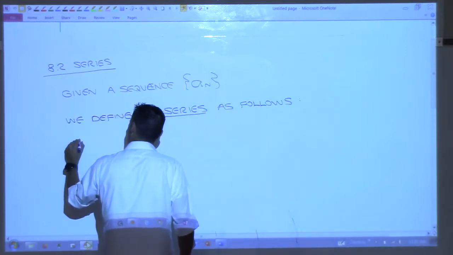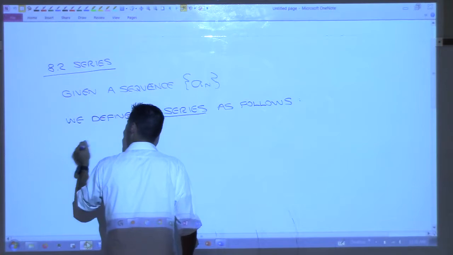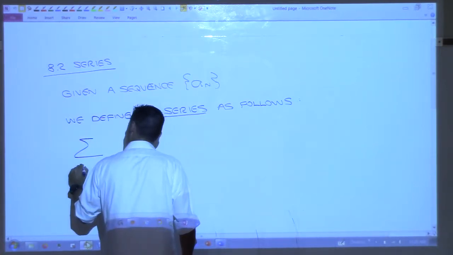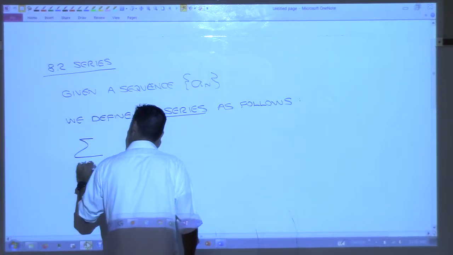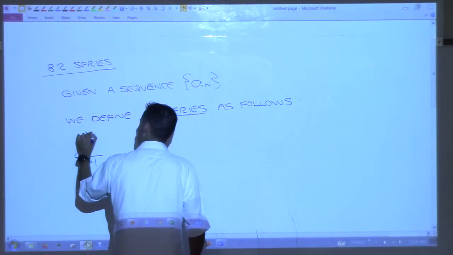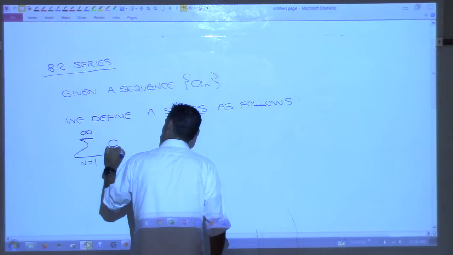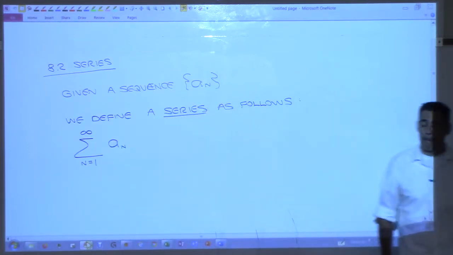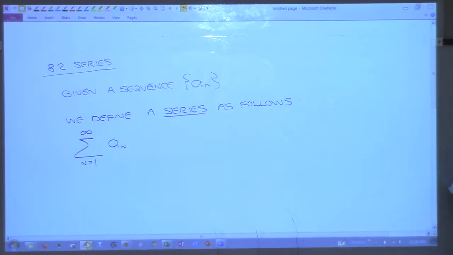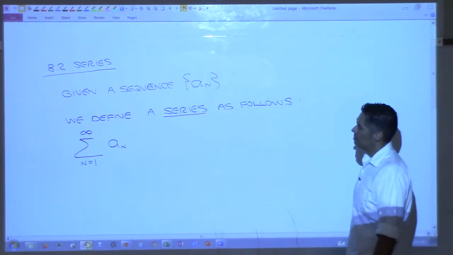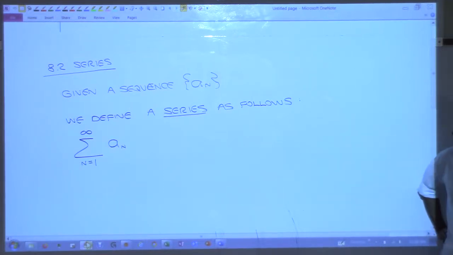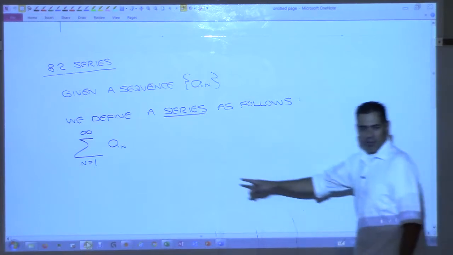What it is, a series is just the sum from n equals 1 to infinity of A sub n. Now this is an infinite series. So what is this? You remember this notation, right?